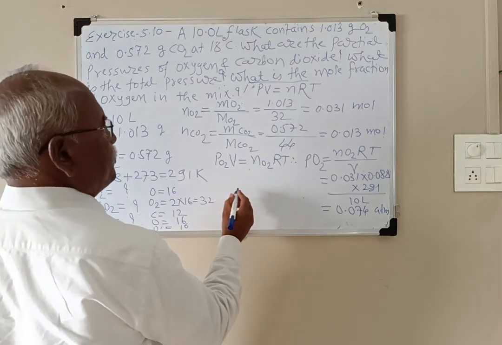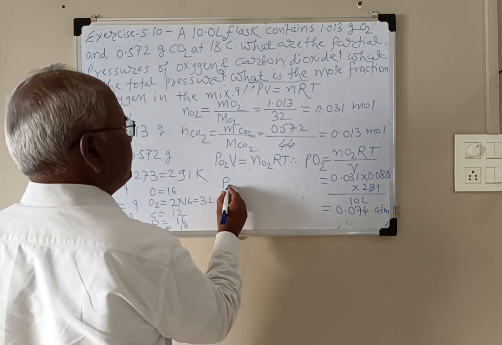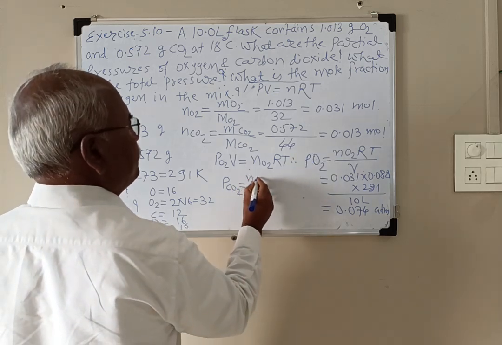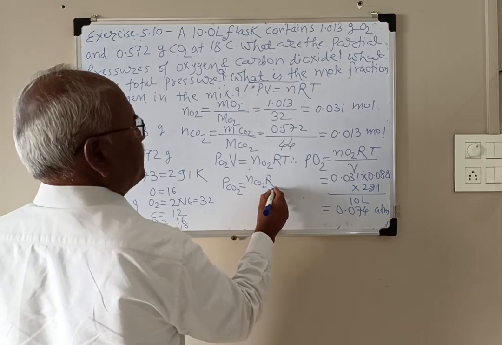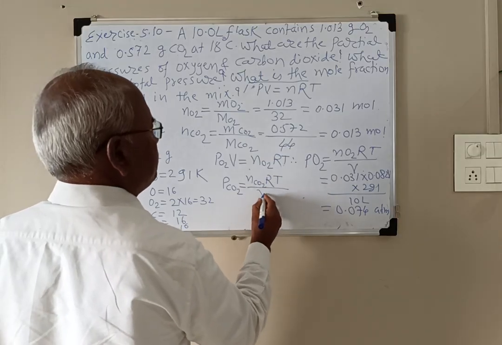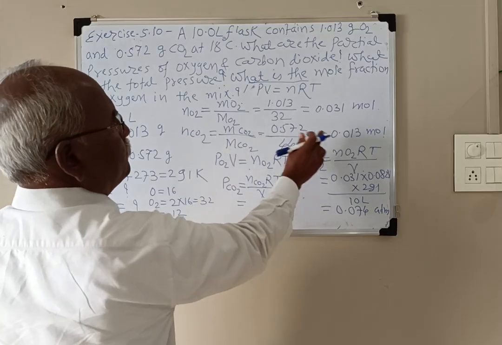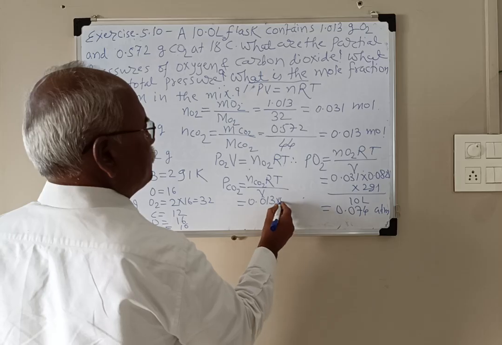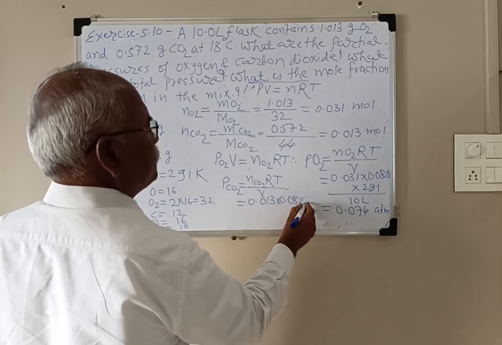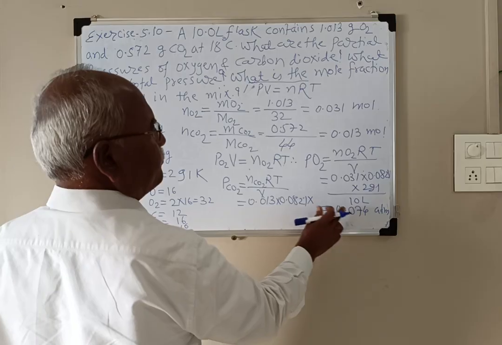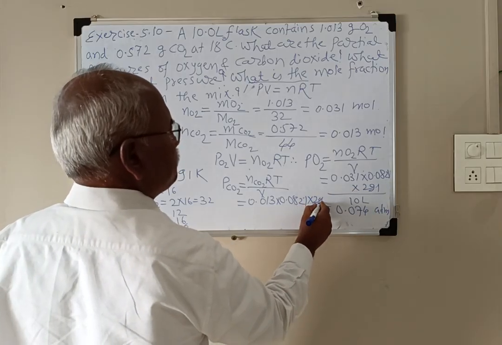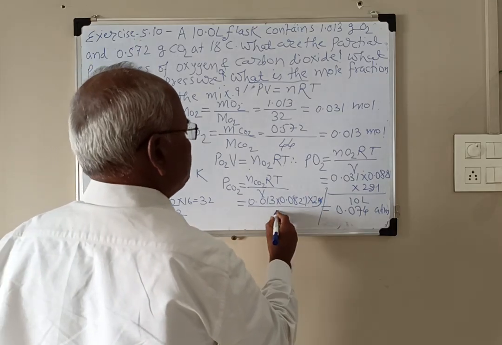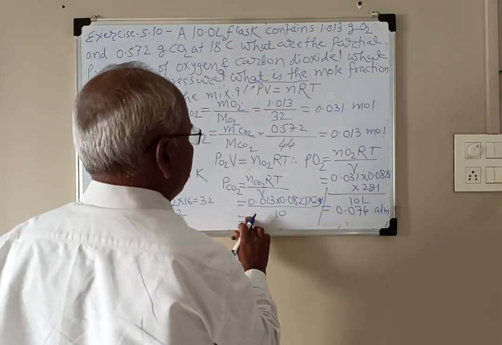Similarly, calculate partial pressure of CO2, that is equal to N of CO2 into R into T upon V. Moles of CO2 is equal to 0.013 into 0.0821 into temperature 291 divided by volume 10, that is equal to.